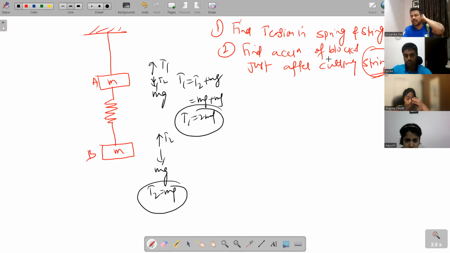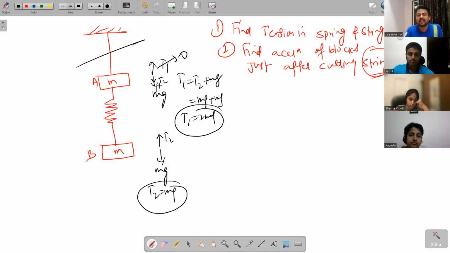Simple thing. Okay, now as soon as you cut the string, you can see that this T1 will become 0. And there is only one force now on the upper block, block A: T2 is acting downward plus mg.